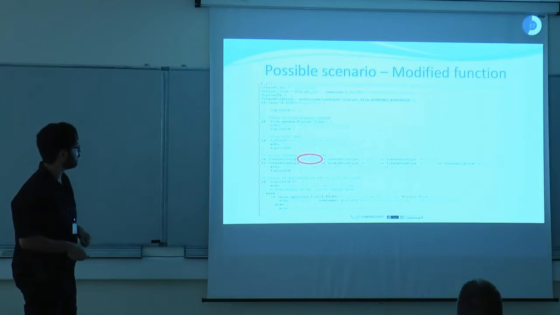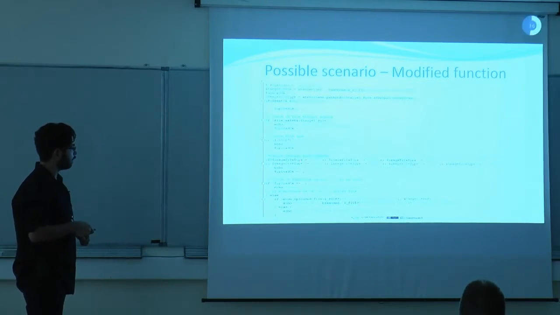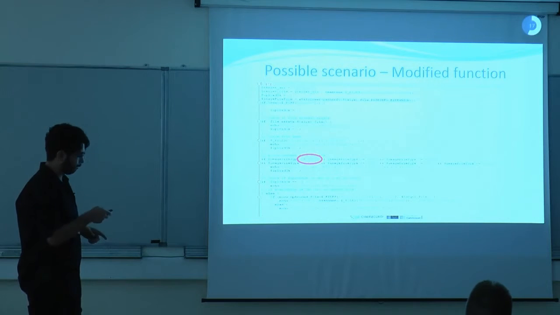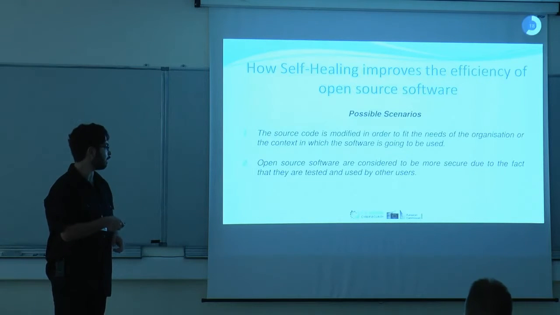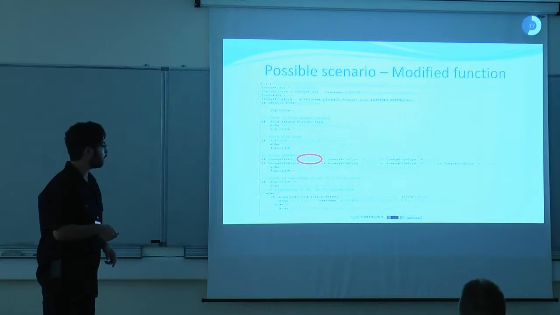Okay, after the differential analysis, we detect that the fault was here. Here we see that it has only the equals sign. And here it has the exclamation mark, which means we don't assign the value, we compare it.